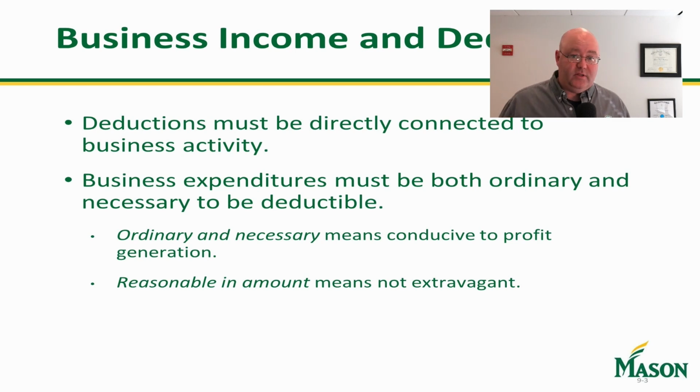Other businesses might not have as much need for paper as we do. So if the IRS sees that I'm buying $10,000 worth of paper, that may not be that unusual given that I'm a CPA firm. For a small computer IT shop, $10,000 worth of paper might raise the question, hey, what's going on here? So that's an example of necessary for a CPA firm.